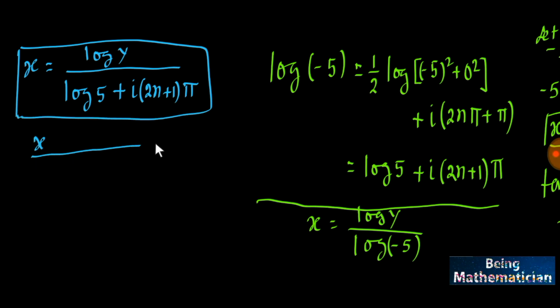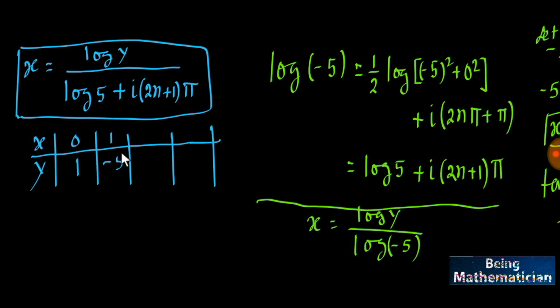Remember, the table was (0, 1), (1, -5), (-2, 1/25), (3, -125).